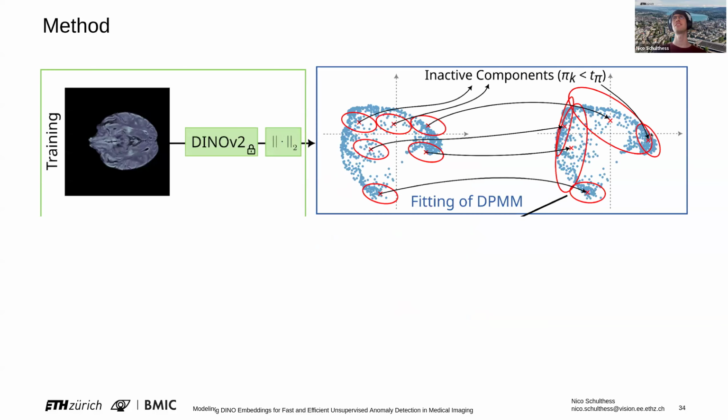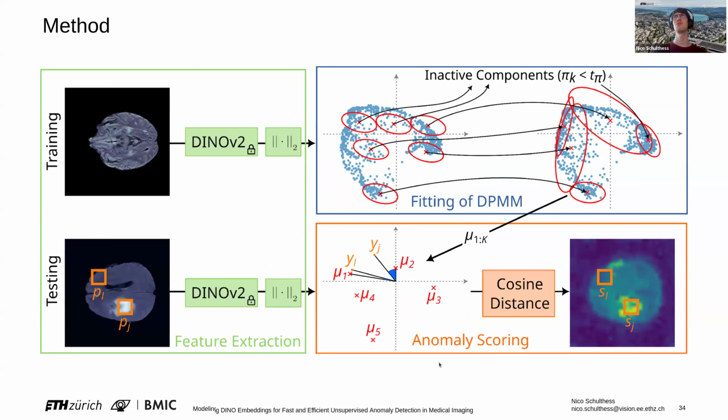So now we have seen how this fitting of the DPMM works. And the next question is how we can use this model for anomaly scoring. For this, we tried out different metrics on how the similarity can be measured between the patch features of the test image and the model we fitted before.